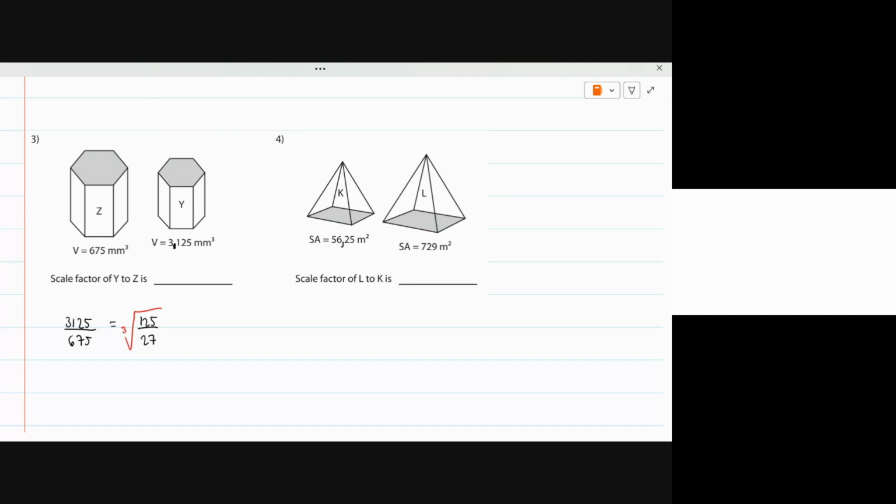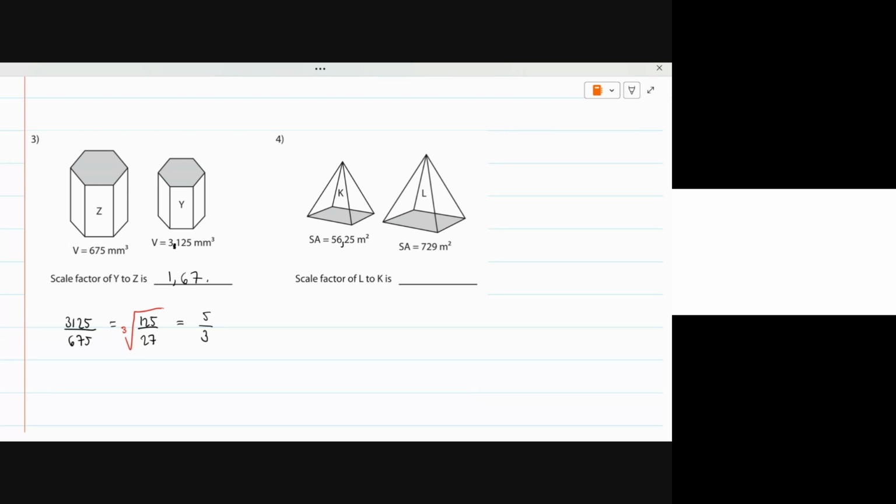The cube root of 125 is 5 over the cube root of 27 is 3. So you can either leave it as 5 over 3, or you can click SD, which would then give us 1,67. So we can see the answer quite nicely if we do it that way.